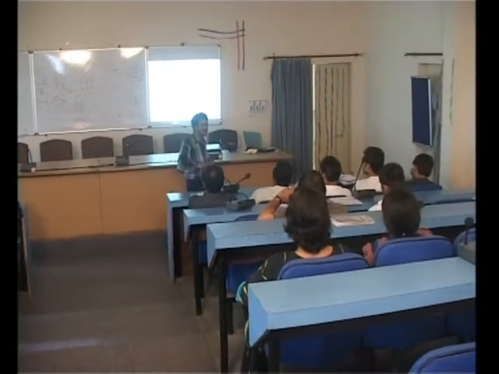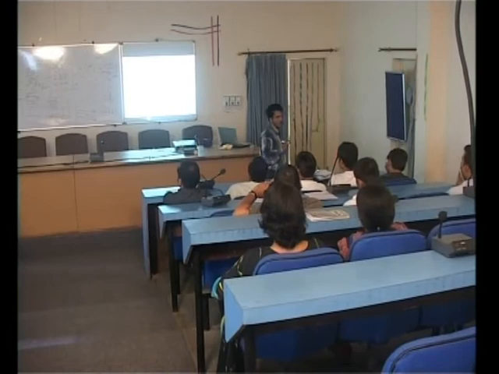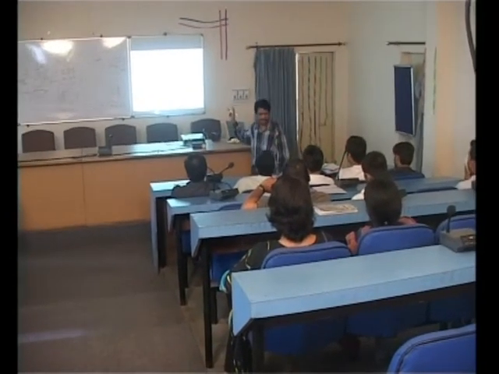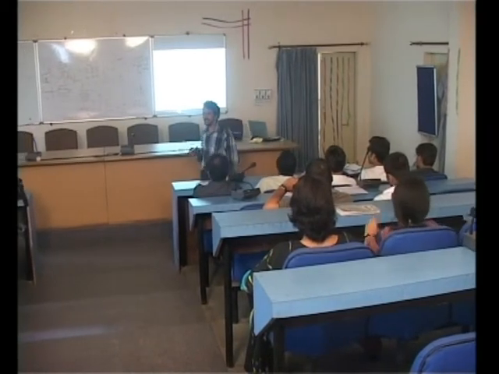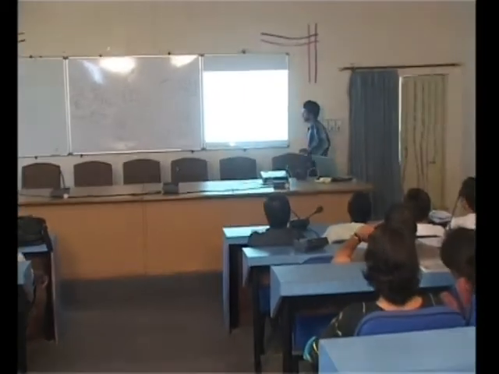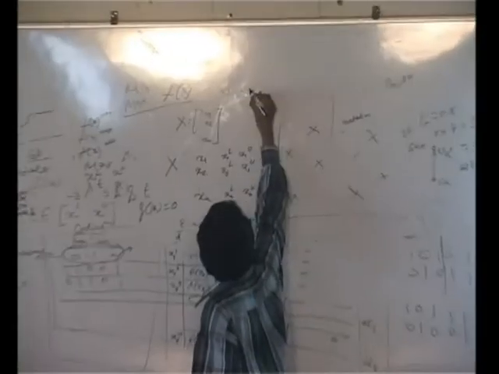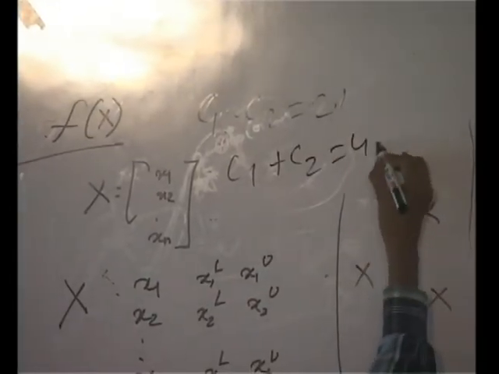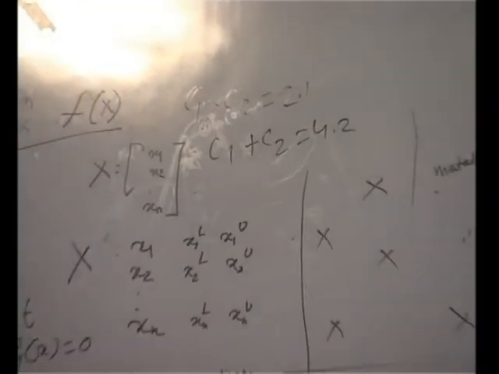These C1 and C2 values were given in the initial paper of Kennedy, in 1995. C1 and C2 are given nearly equal at 2.1, C1 equal to C2 equal to 2.1, and C1 plus C2 is 4.2 or something. But there are some variations also.